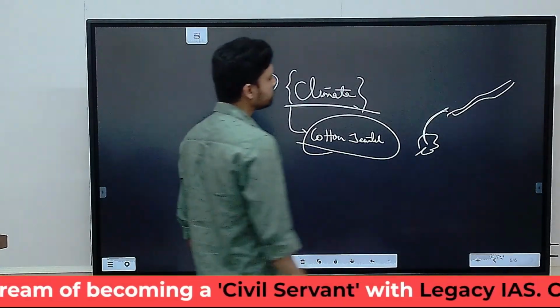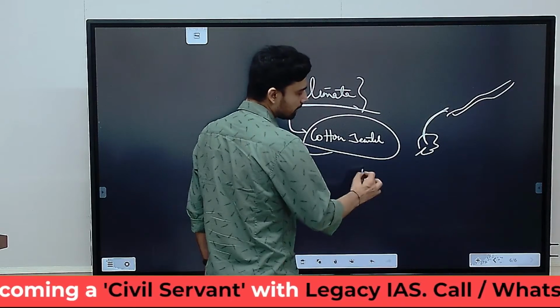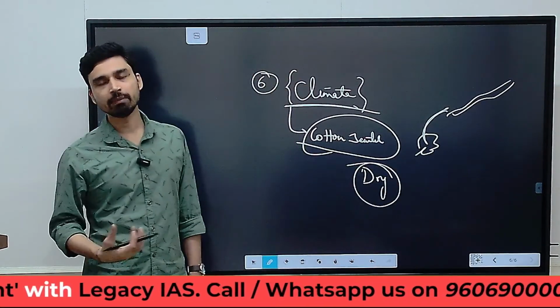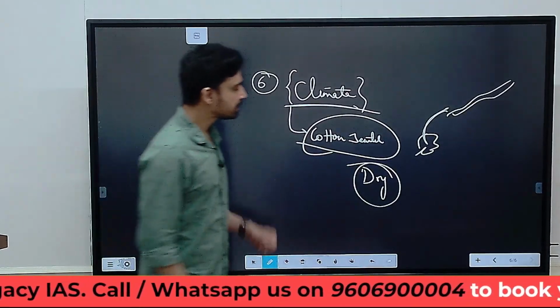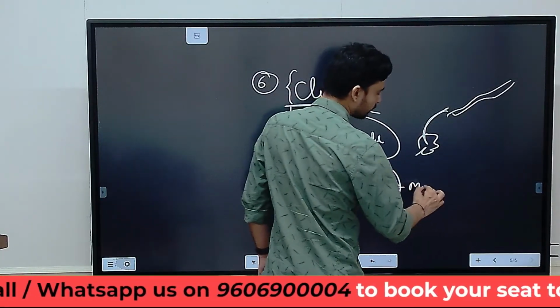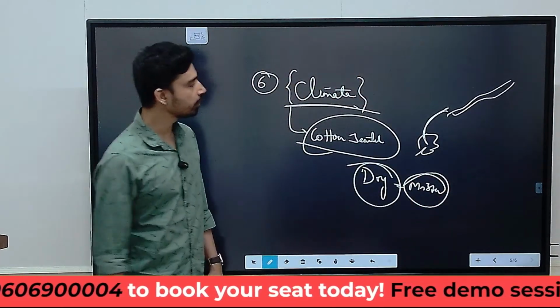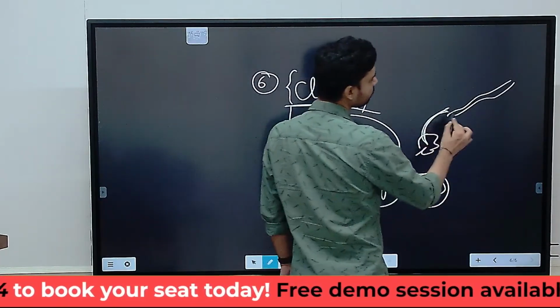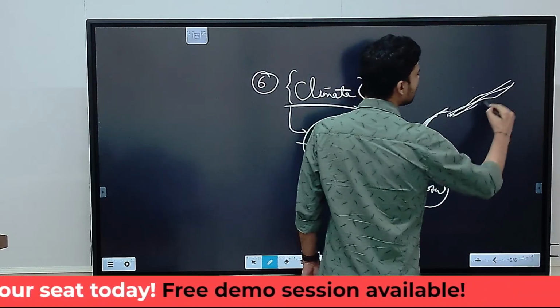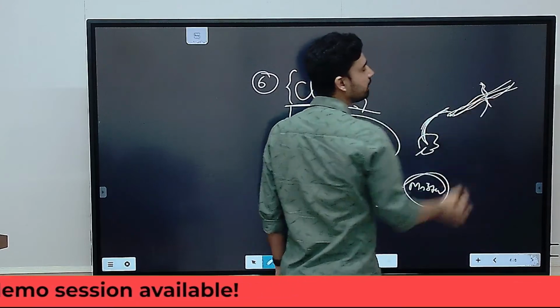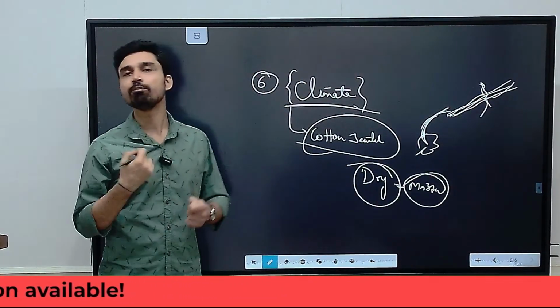The problem is that if cotton textile industries are situated in areas having dry, arid climate, there is less moisture. And since there is less moisture, when this process of conversion of cotton flowers into long threads is being done, the threads prepared will become very small, because the threads will continuously keep on breaking.